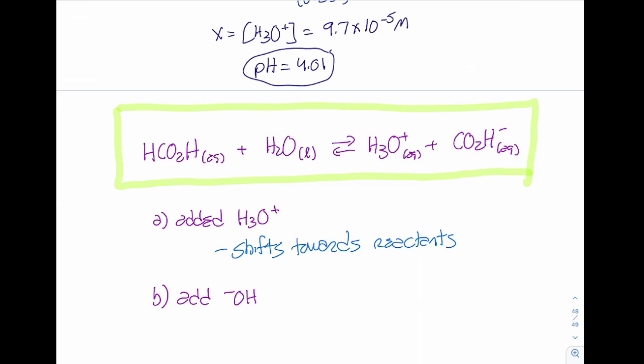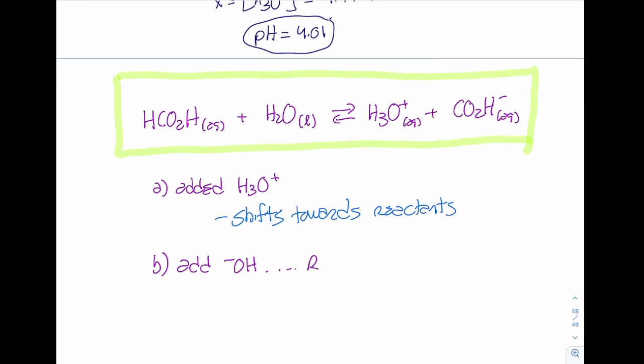What those hydroxide ions are going to do is neutralize this. So adding hydroxide ions is essentially the same thing as removing H3O+. For every mole of hydroxide I add, a mole of H3O+ is going to be neutralized looking at this equation.